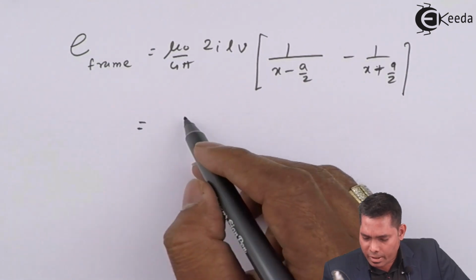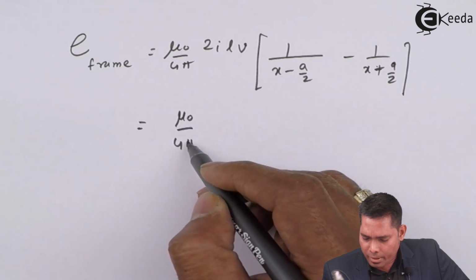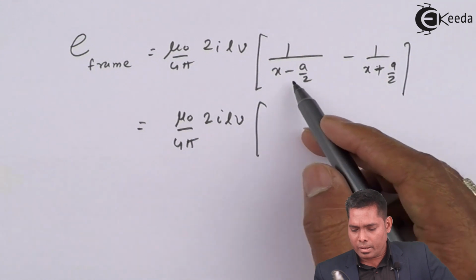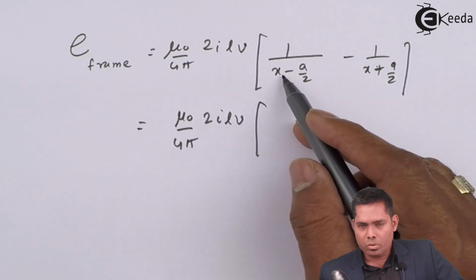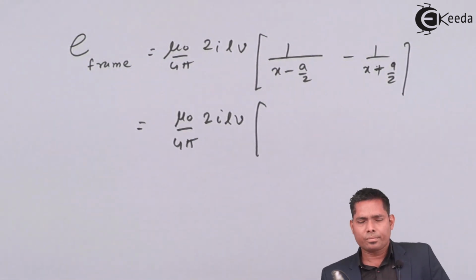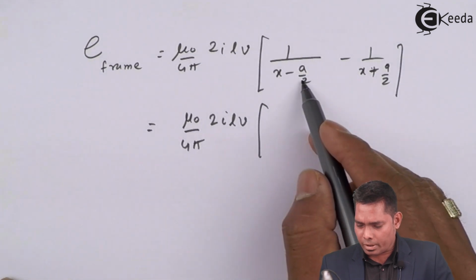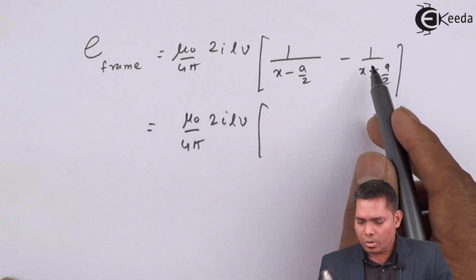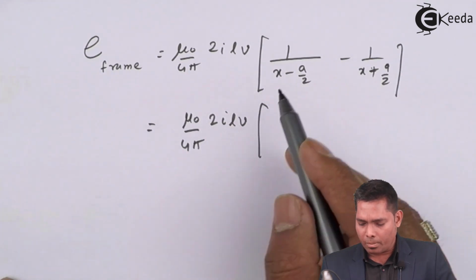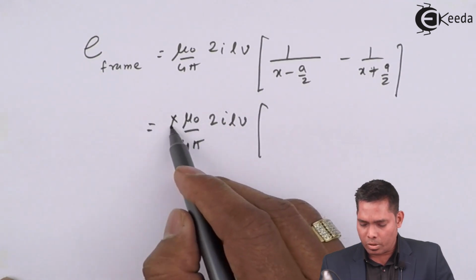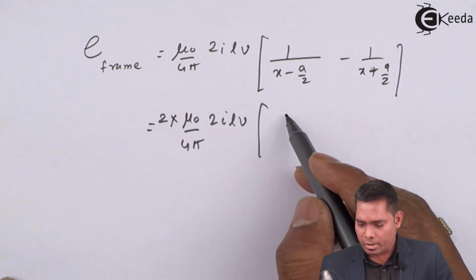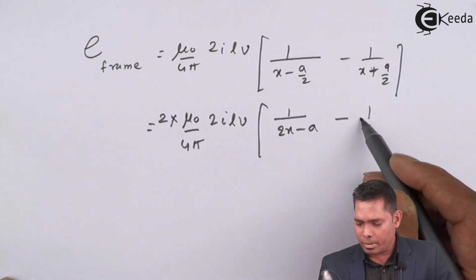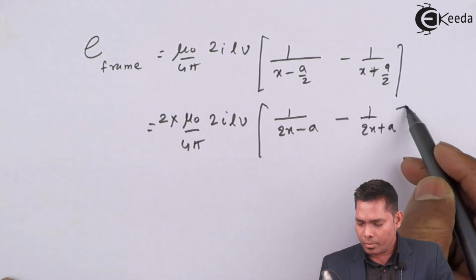If I solve this, then mu 0 upon 4 pi, 2I LV, if I take 2x minus a here, and here also 2x plus a, 2 will go up, so 2 comes out common, one more 2 will come out, and here it is 1 divided by 2x minus a minus 1 divided by 2x plus a.